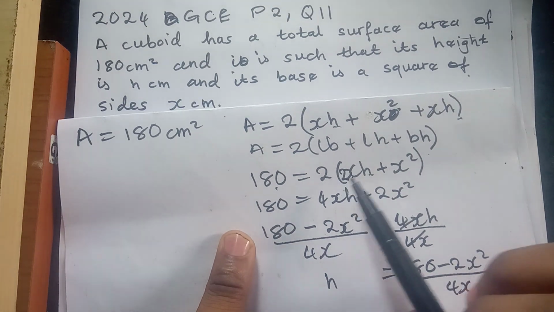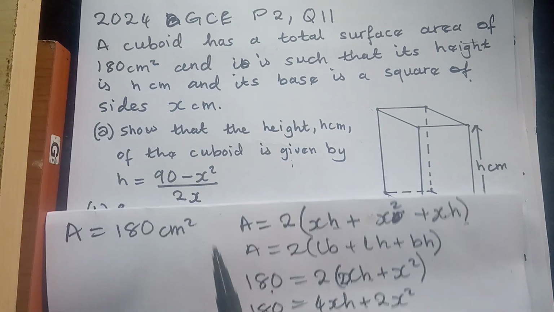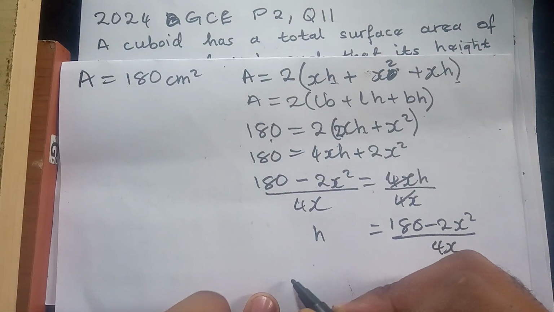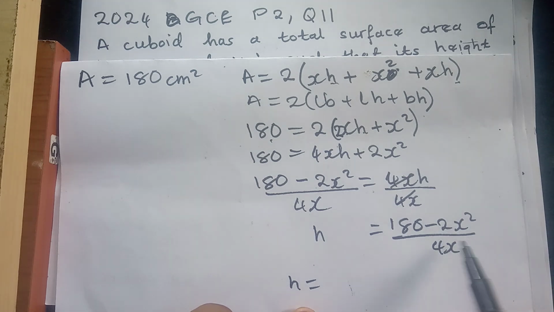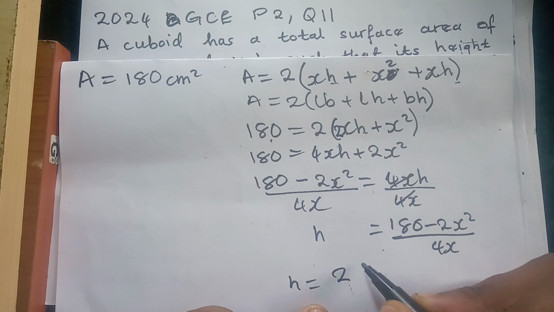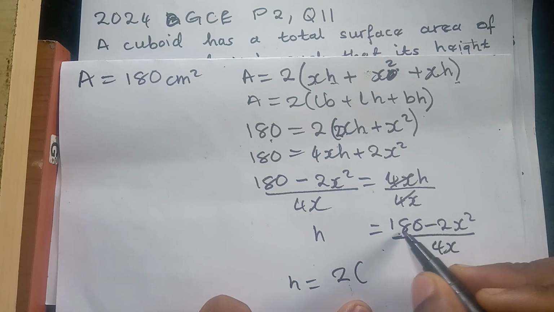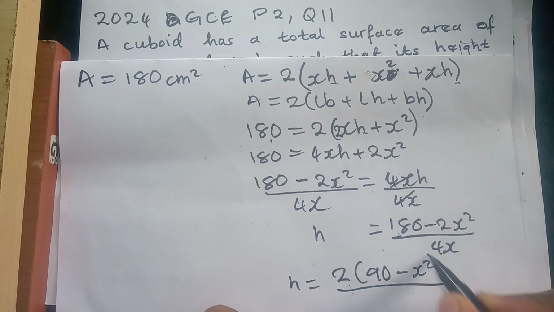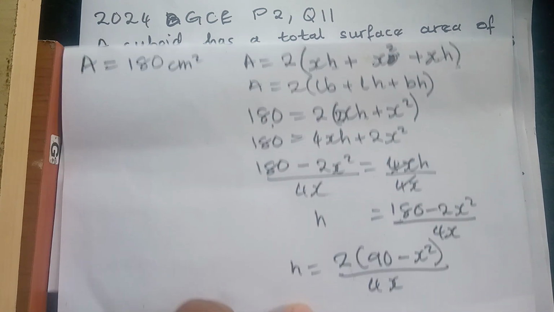So because we didn't divide by 2, we have something that is a bit different but not really incorrect. So you have to reduce this fraction by factoring out a 2. Once you factor out a 2, you have a 90 there, and then you have an x squared here, and then you have 4x here.